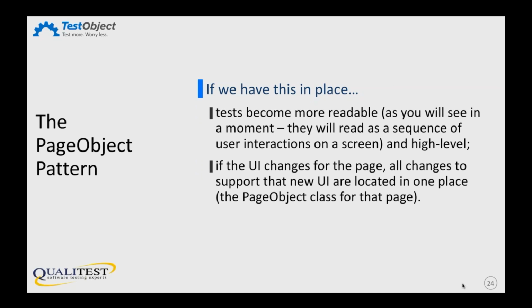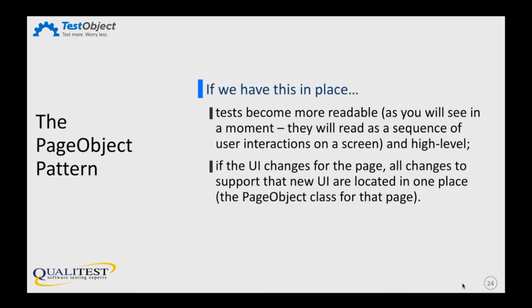What about code duplication? This, of course, takes care of code duplication as well, because if we are having a problem on one screen, we know that we need to change the code to fix that in only one place. So that makes our life way easier.